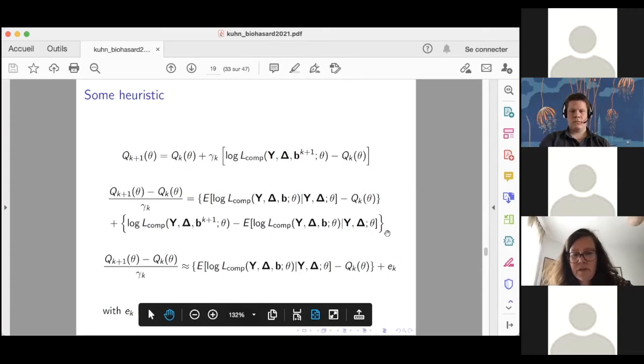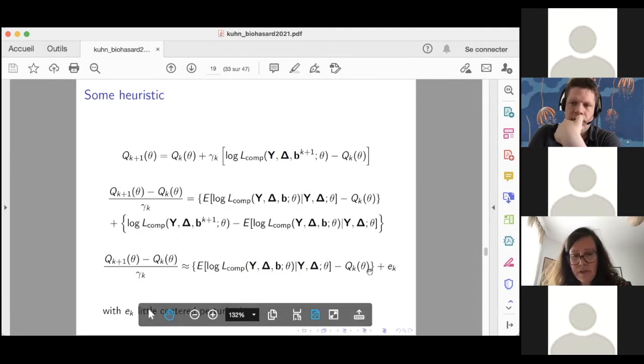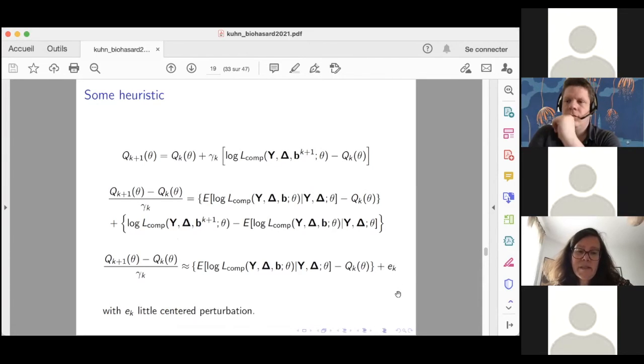For the second term, we can see that if this quantity is simulated under the posterior distribution, you have a centered term, which I denote by EK here. And under some assumptions, I can control this perturbation.